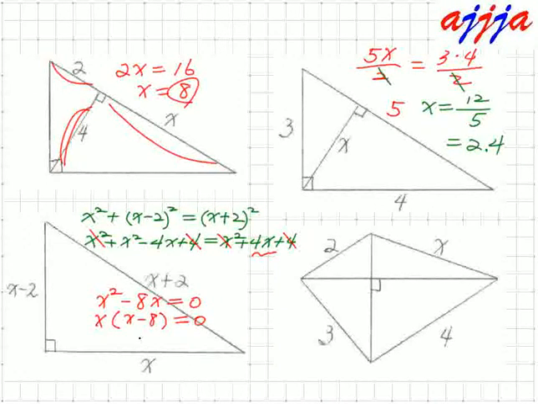So you can factor, right? That means x goes outside. That means x minus 8 equals 0. So x can be 0 or 8. Now, that means x is 8. We cannot take 0 because that's nothing. Alright. So, 8. That's it.